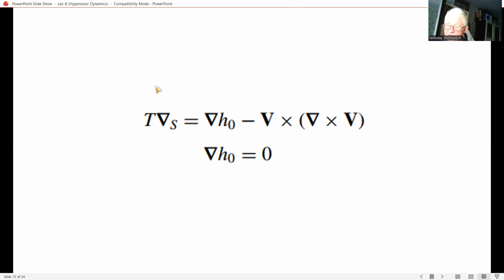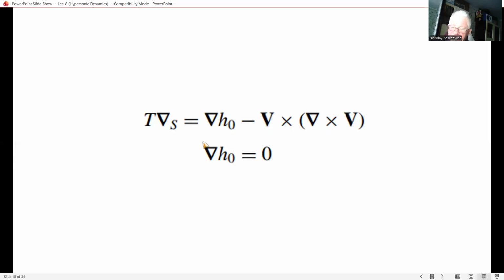Look at here, the first equation. T nabla S equals nabla H naught minus V cross product with the curl of V, where the nabla is the operator we sometimes call del.